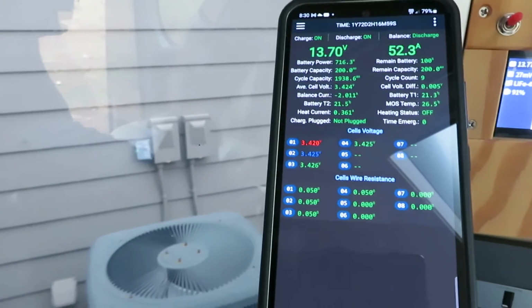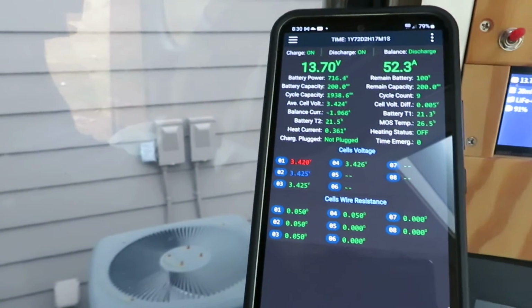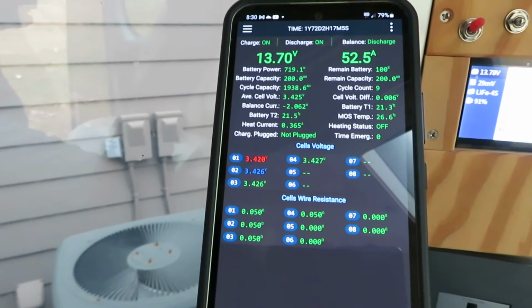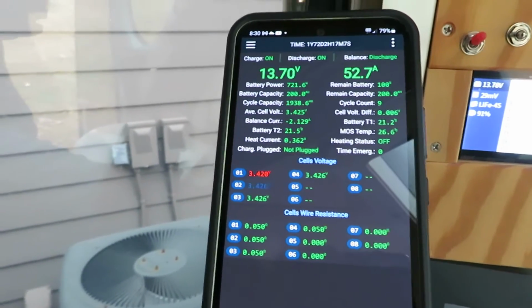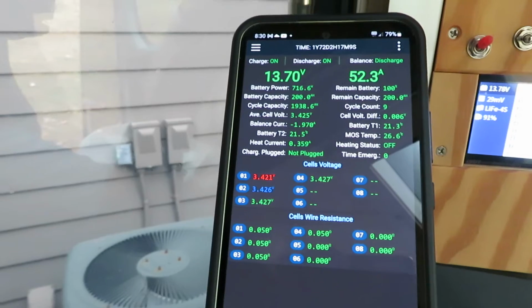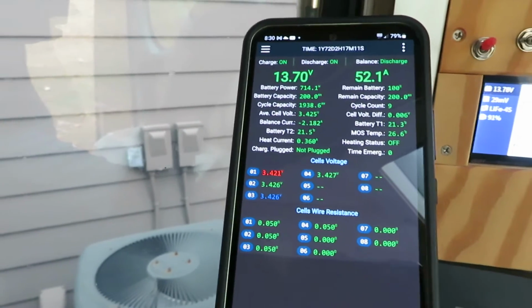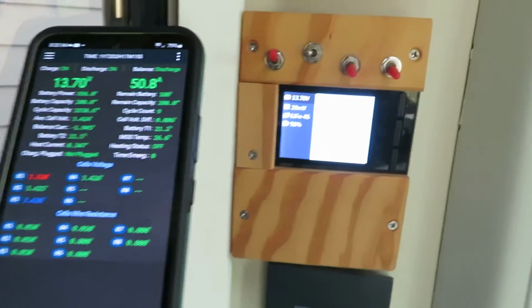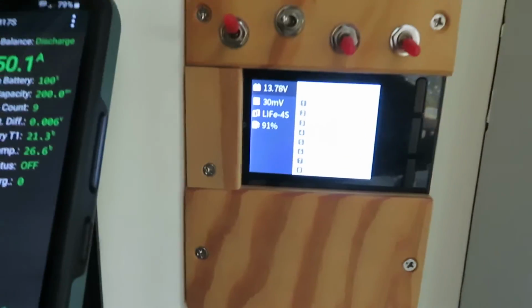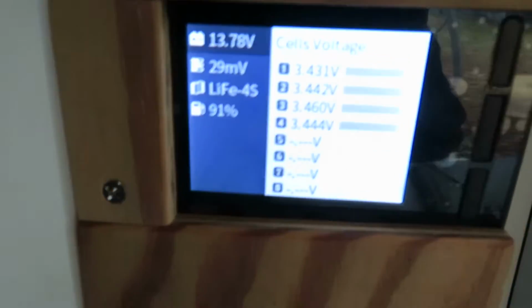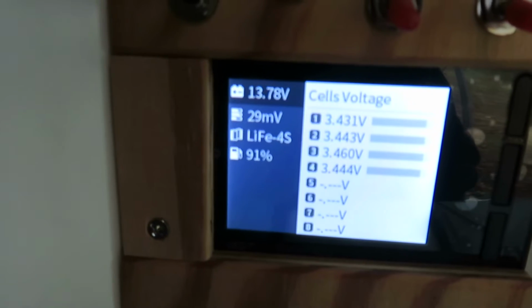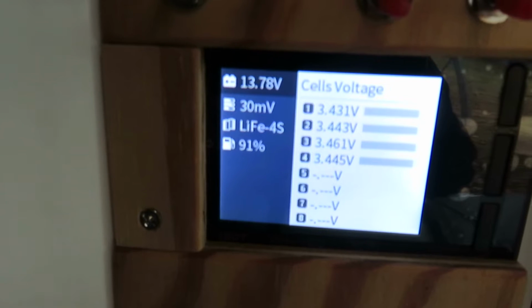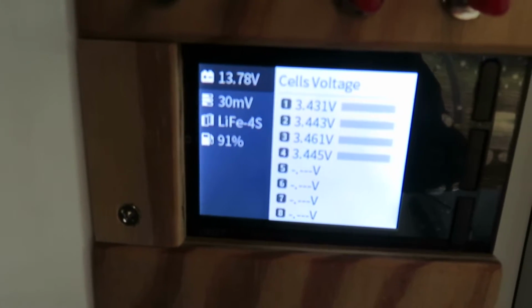And now the JK track is charging at 53 amps. And these are the left hand side eco track.